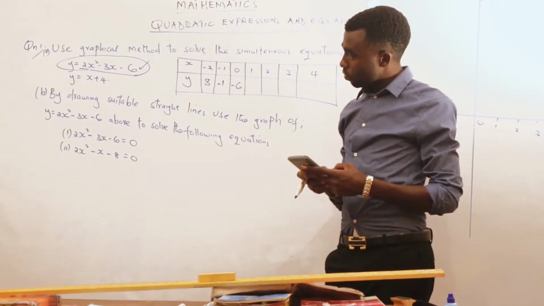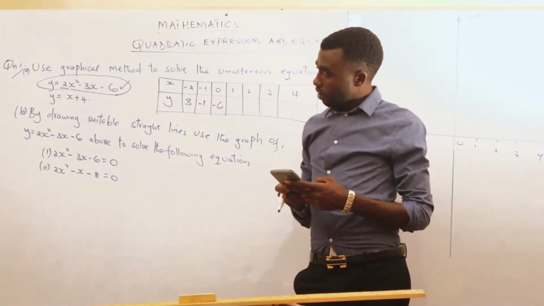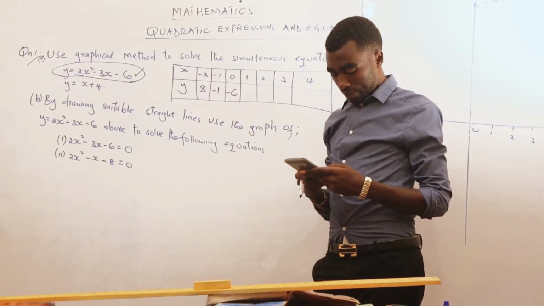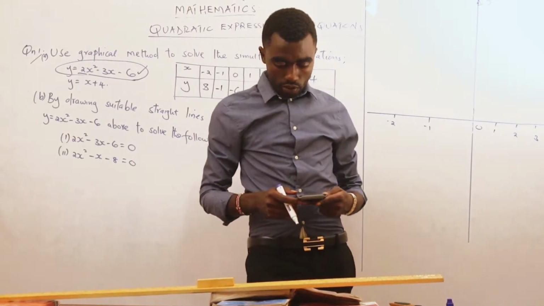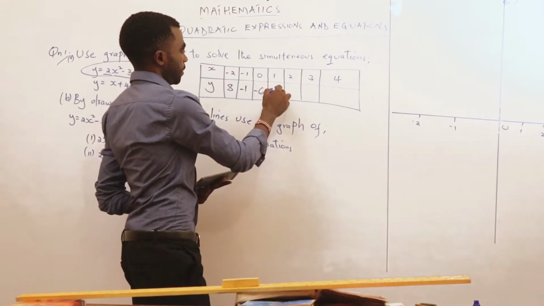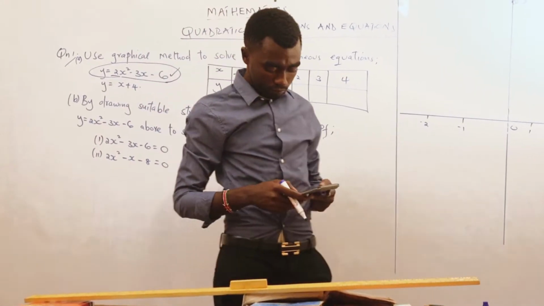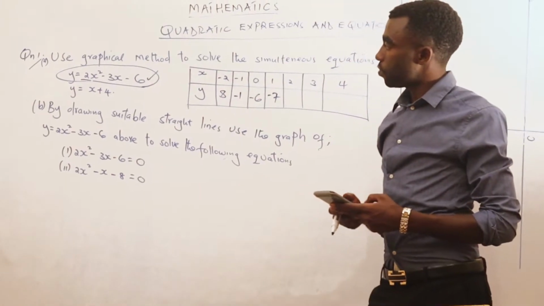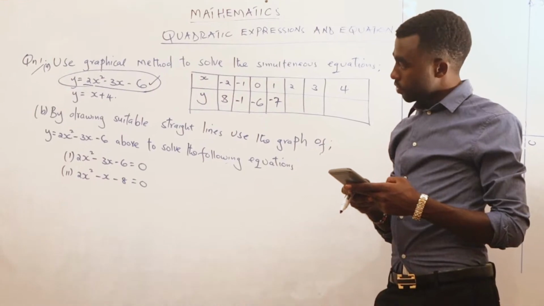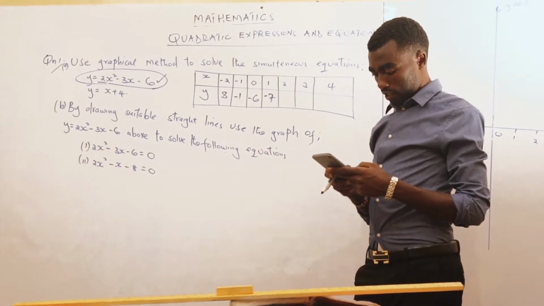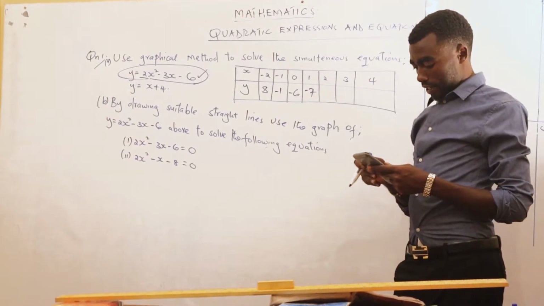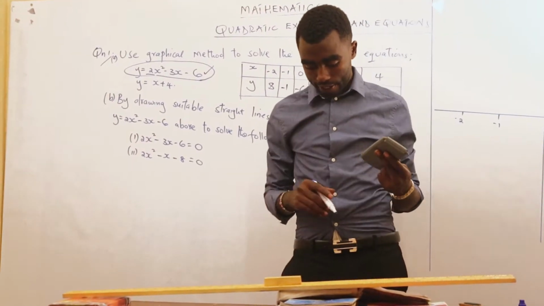It is 2 in brackets 1, close the bracket, squared, minus 3x, minus 6. And you're going to get the answer being negative 7. When x is 2, that is 2 in brackets 2 squared minus 3 in brackets 2, close the brackets, minus 6. We get negative 4.